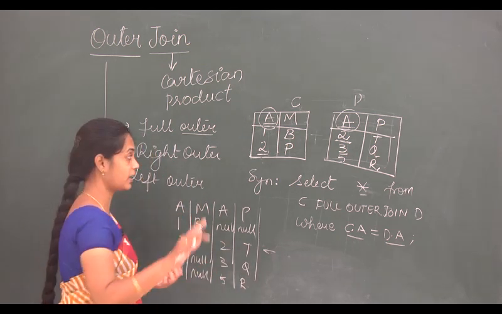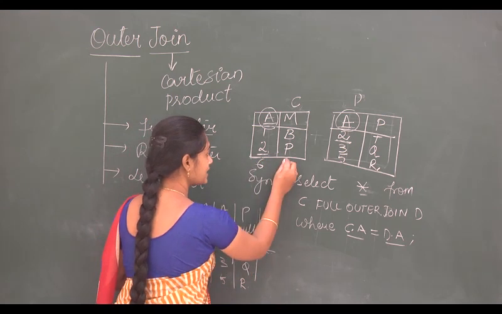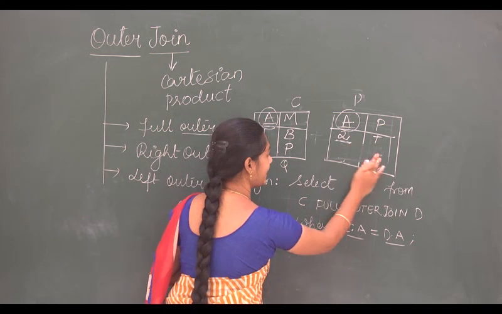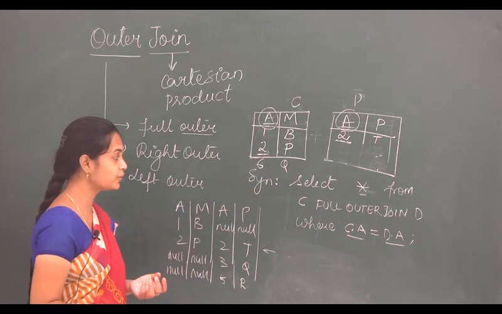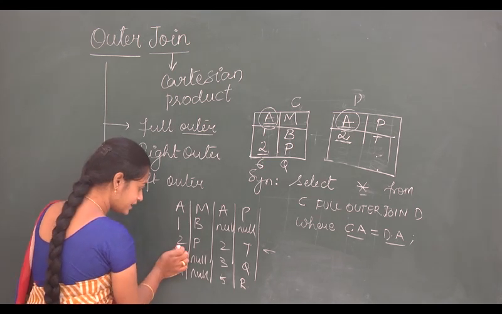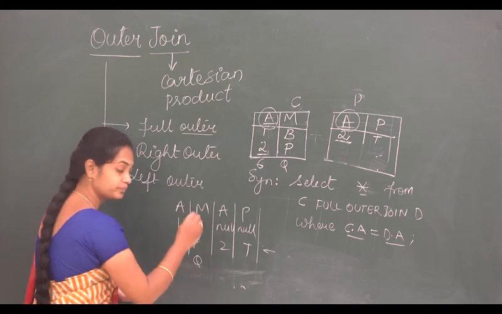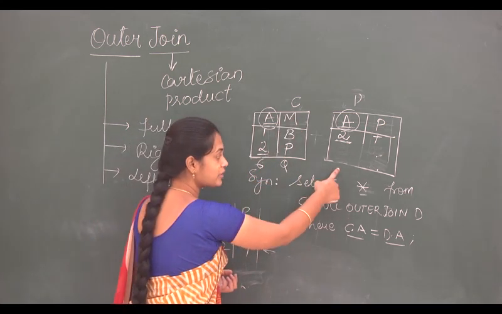whatever information we have in D, the same information will be retrieved in the resultant query. Or else, if I have data like this, 6 and Q, and I don't have any of the values in the D table, then what will you have? Here we have 6Q. But do you have C.A equal to D.A?